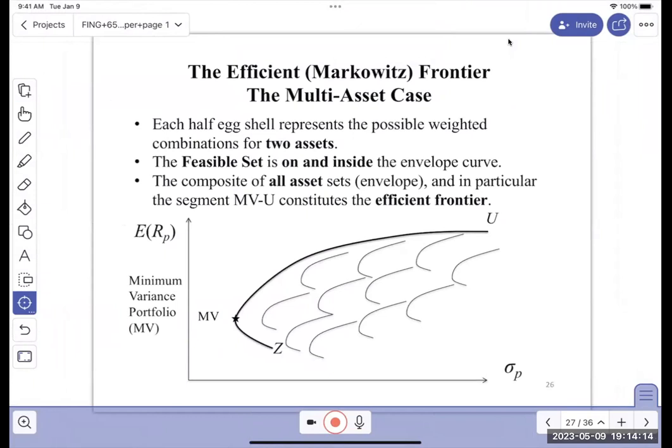So what if there were more assets, right? What we imagine are the same eggshell shape between two assets. And what I've done here is I've put them all together in the same expected return of the portfolio and risk space.